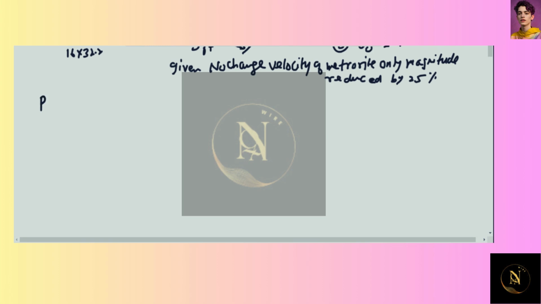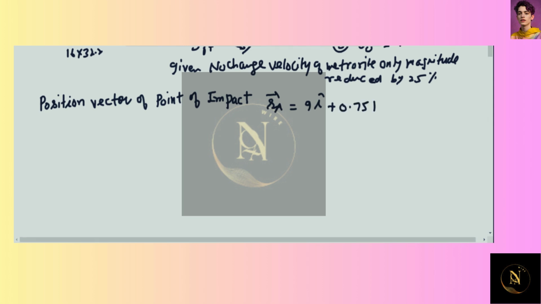Position vector of the point of impact, Ra, will be 9 i cap plus 0.75, sorry, 0.75 k cap feet. Initial angular momentum.